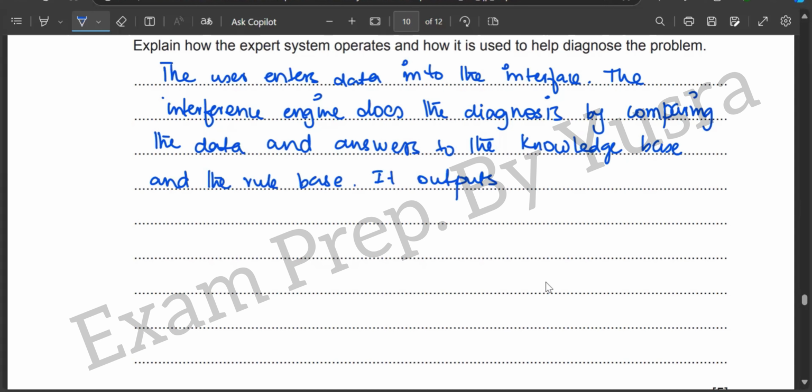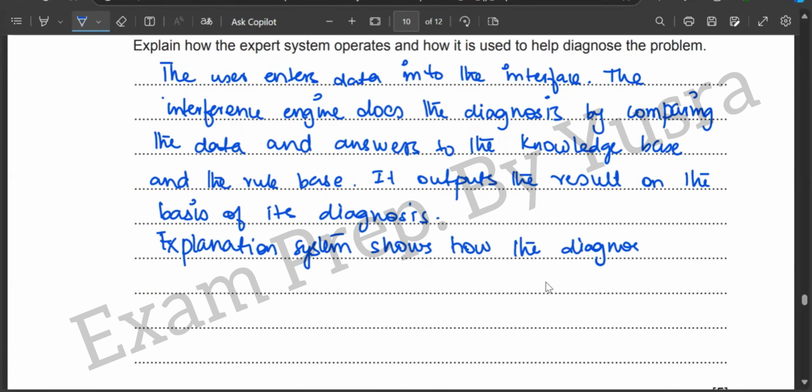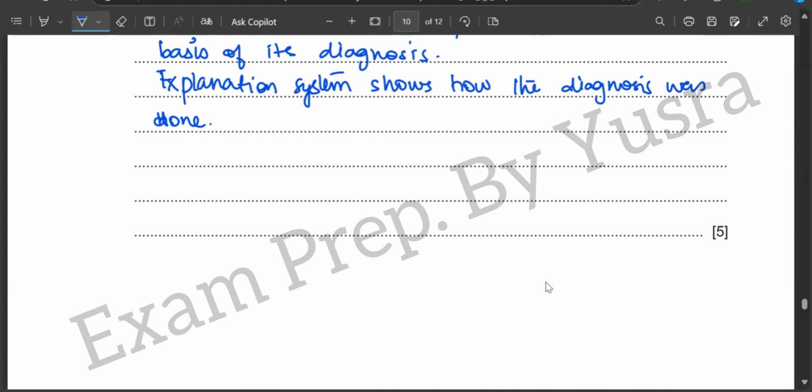It outputs the result on the basis of its diagnosis, and the explanation system shows how the diagnosis was done. We need to mention the role of the knowledge and the rule base and how the diagnoses are done in this specific question.